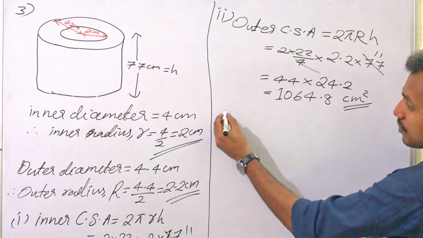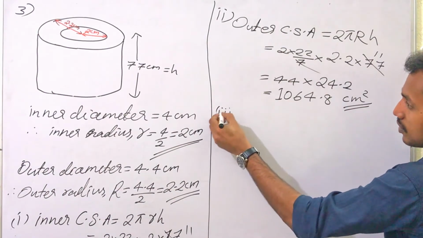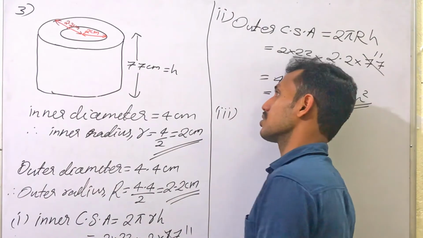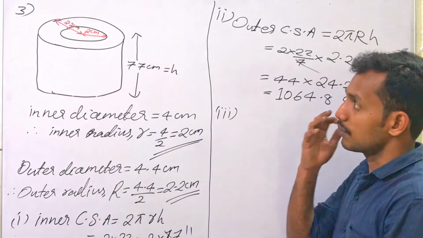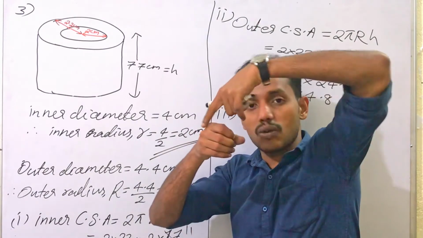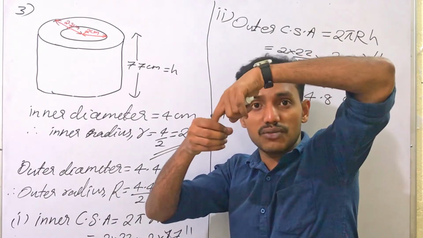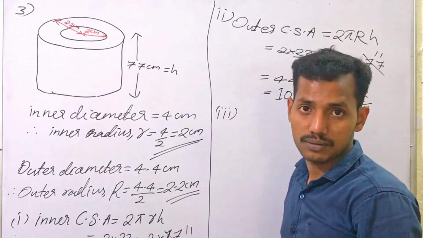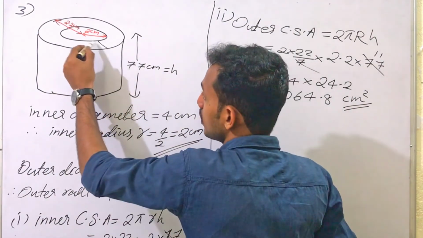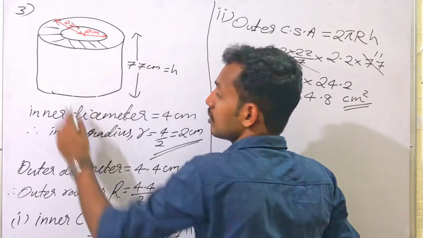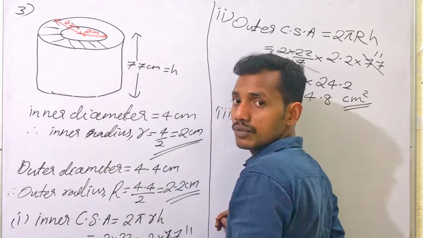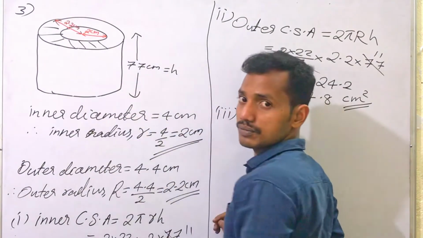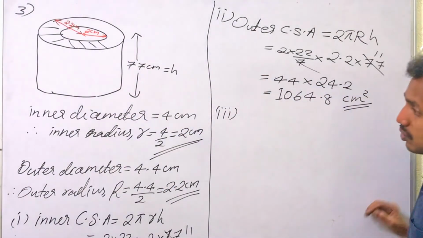Find the total surface area. So what will be the total surface area? Total surface area of this pipe will be outer curved surface plus inner surface plus the base. Clear? So in that case we need to find this area only. In case of top and bottom, only this portion will be there because here it is empty, open.